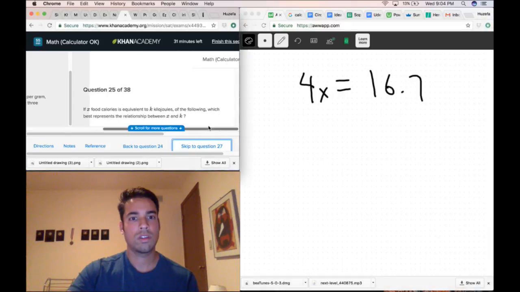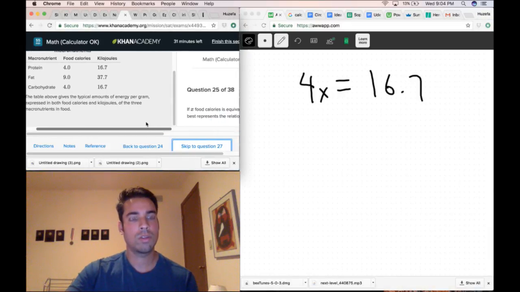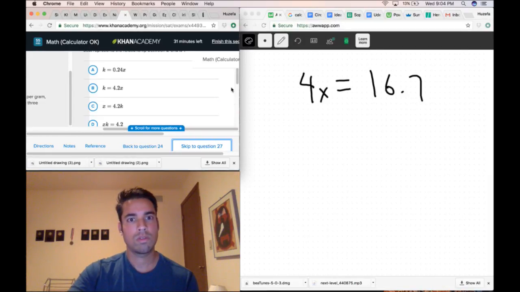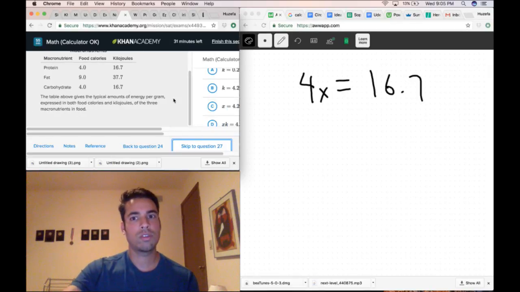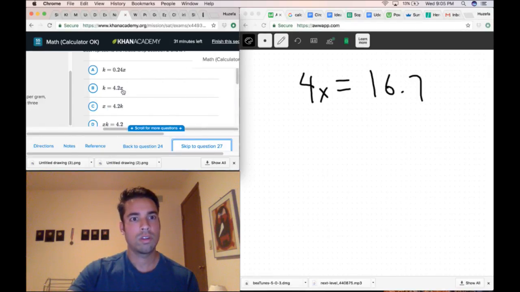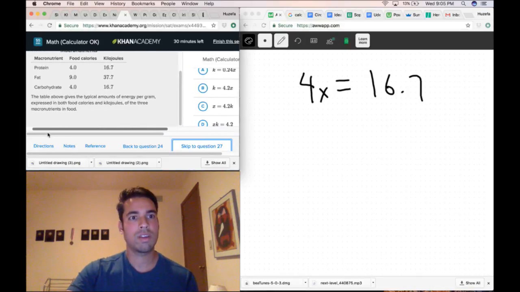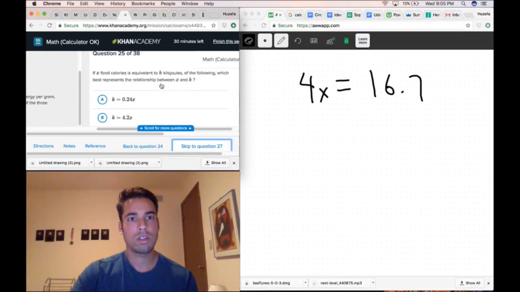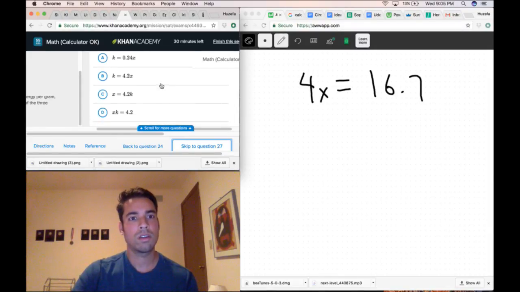You're multiplying each of these by about 4.2. So they're saying kilojoules equals 4.2x. That's it right there. Because you can plug in these values for X for food calories, and let's make sure they're calling K kilojoules. Yeah. That's it. This guy.